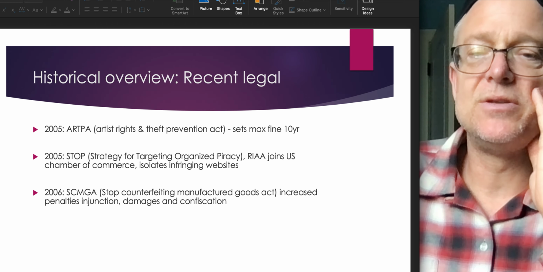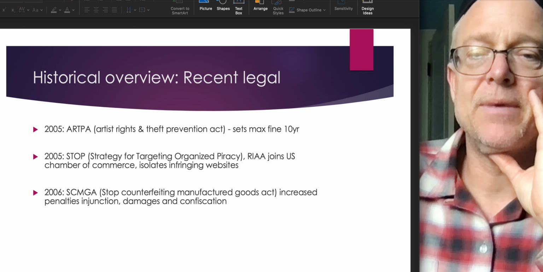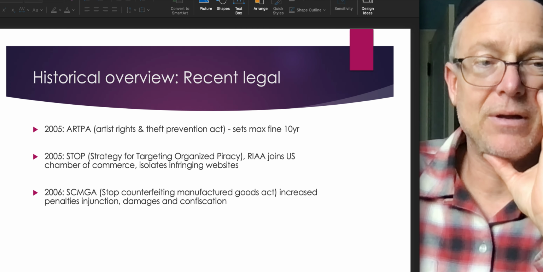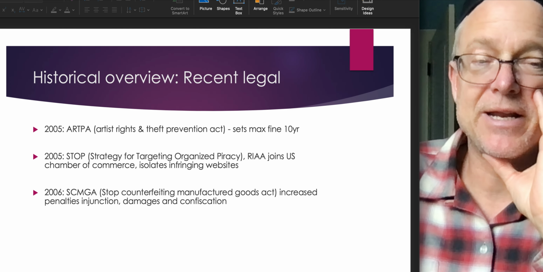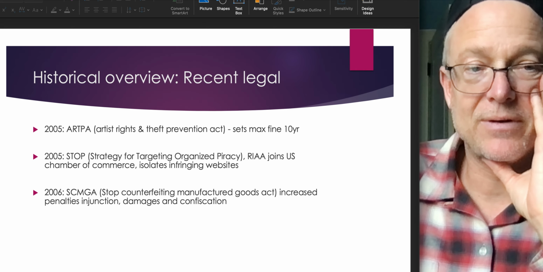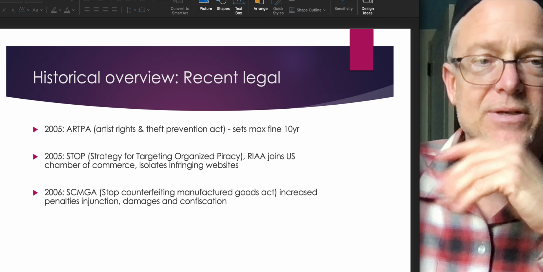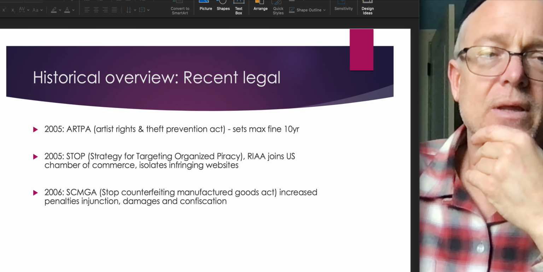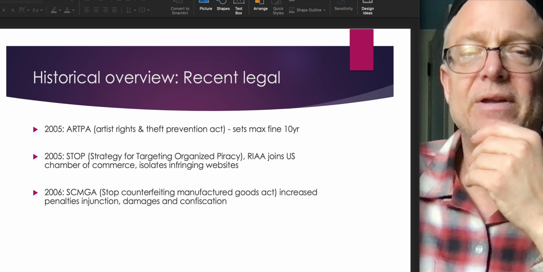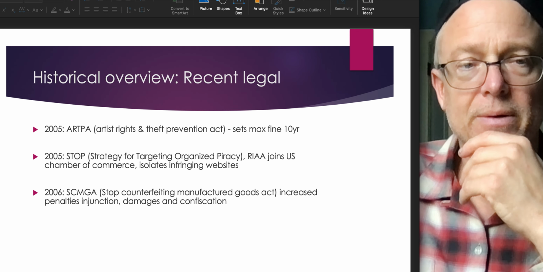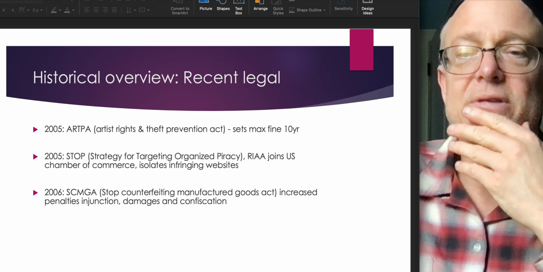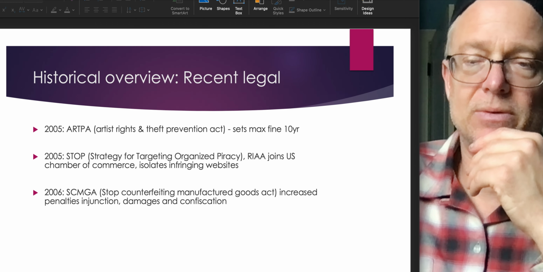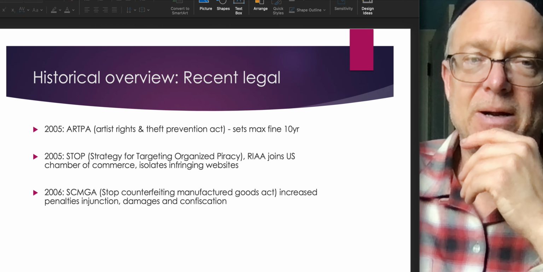And then in 2006, the Stop Counterfeiting in Manufactured Goods Act: not only did you have the impersonator Gucci sweatsuit on the list of what was being targeted there, so designer brands, but you had counterfeited audio and recording goods as well. So now you've got a secondary increase to what's referred to as the power of injunction.